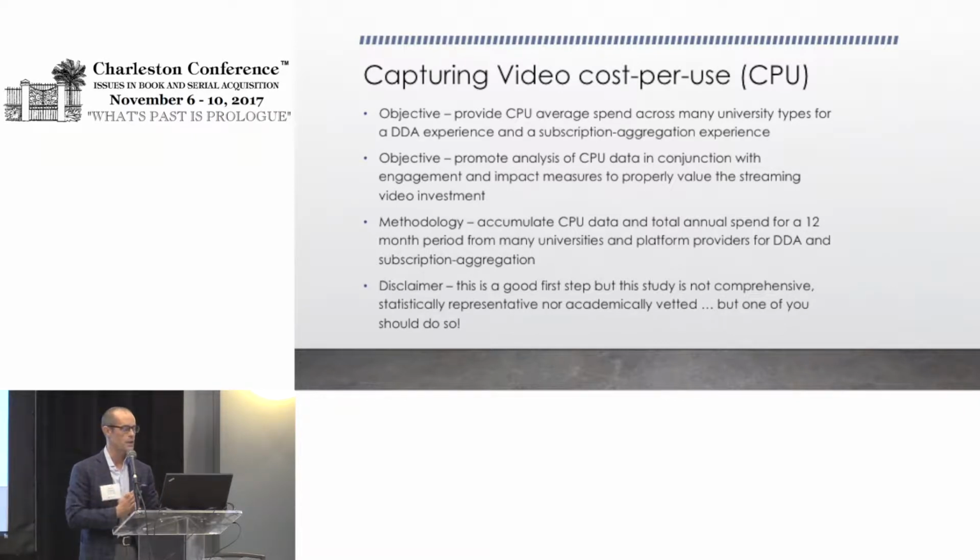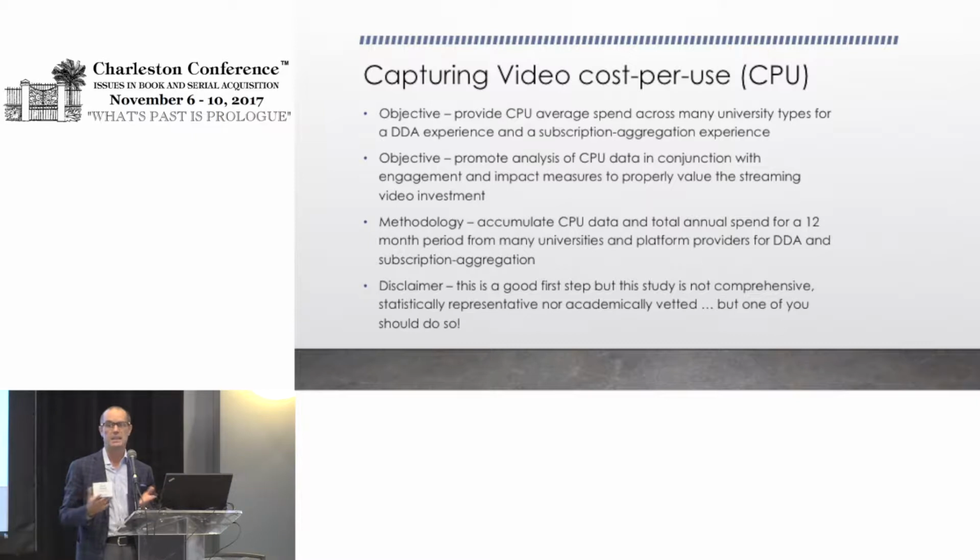We want to promote an analysis of this cost per use data in conjunction with engagement and impact measures. Again, referring back to how I started the presentation and that librarian who met with me last year saying, let's revisit cost per use, so that you're able to think about the two in conjunction.